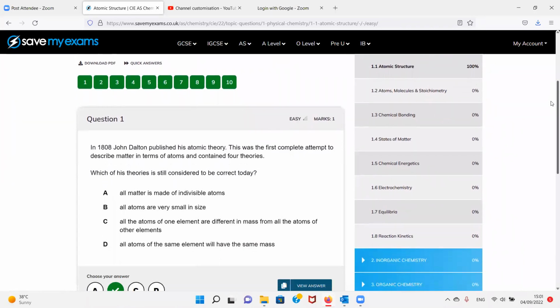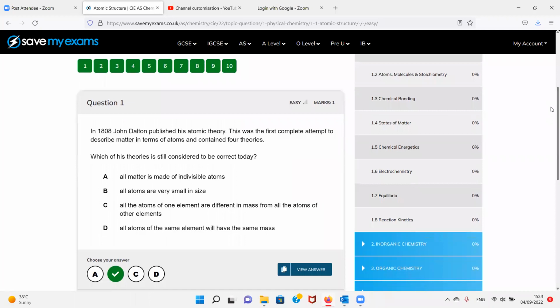So the first question says, in 1808, John Dalton published his atomic theory. This was the first complete attempt to describe matter in terms of atoms and contained four theories. Which of the theories is still considered to be correct today?